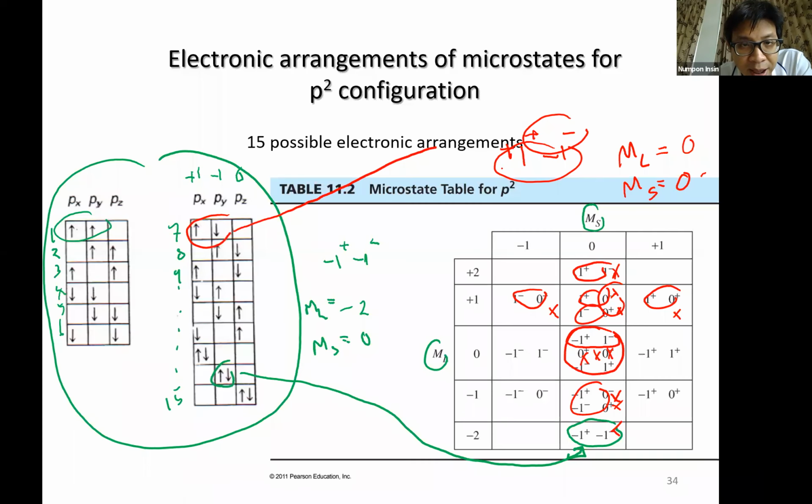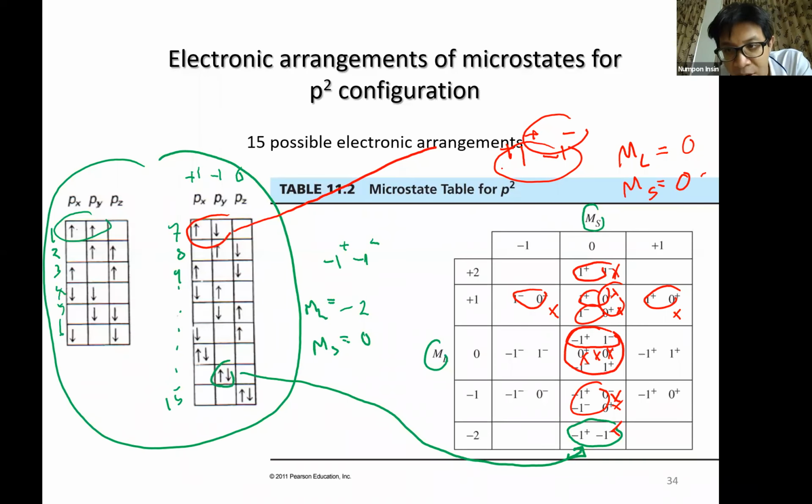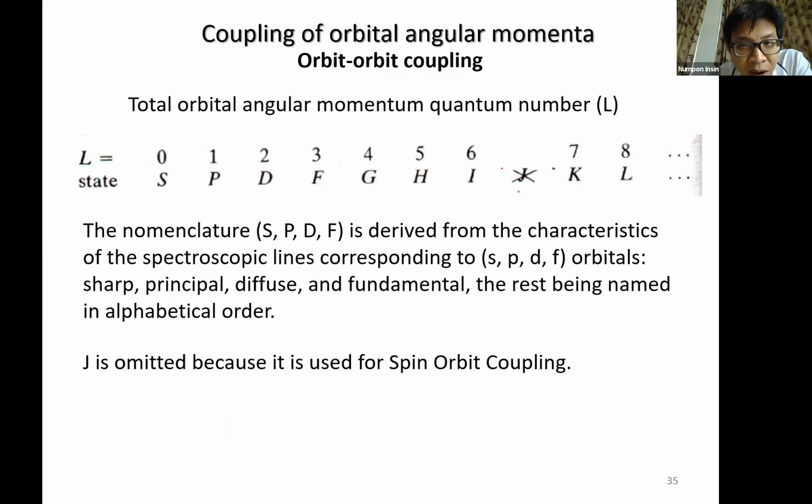What I have talked about so far is that we want to find the L and the S of the system. So what is L? L is the combination of the ML. Similar to ML, we want to replace them with a letter of the alphabet.